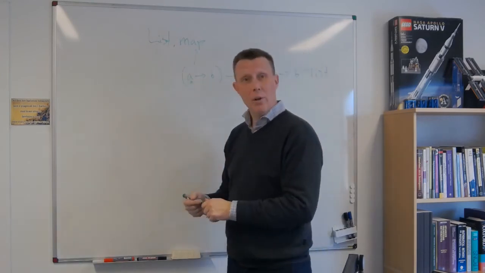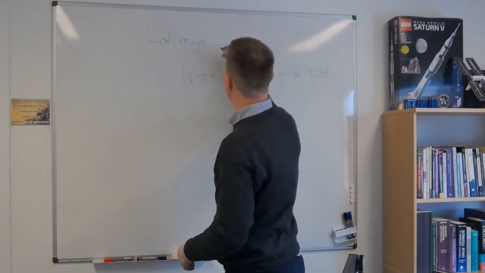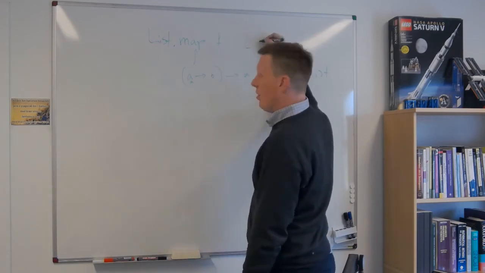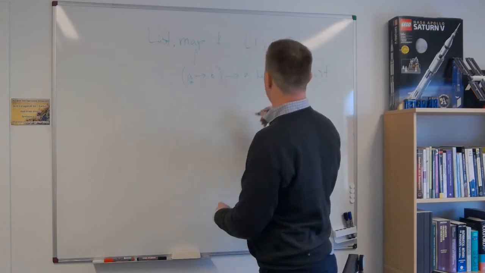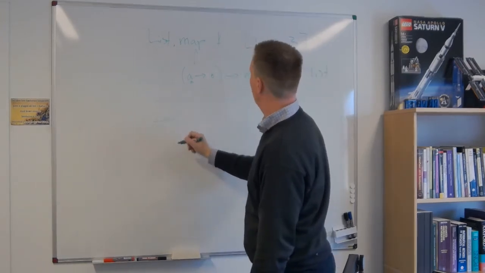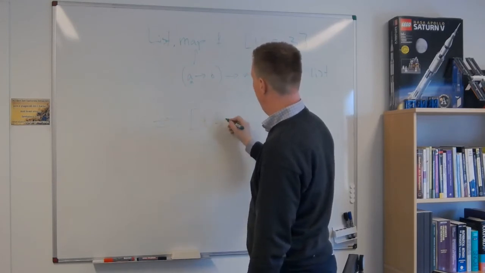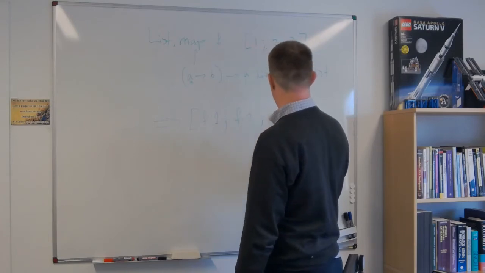One way of looking at this is like this. If I say List.map f on a list of 1, 2, 3, this produces a new list which is f1, f2, f3.